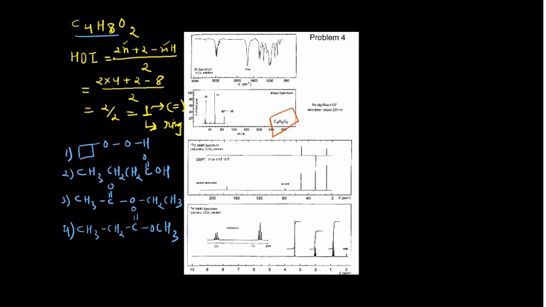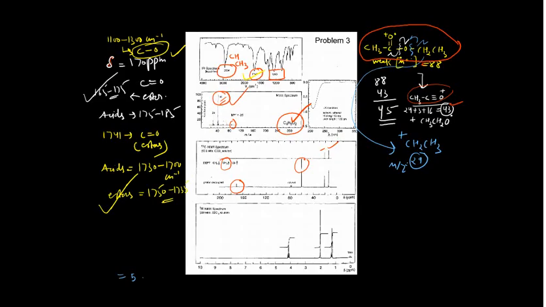So in that case you can quickly ignore one of the possibilities, because you have already solved this problem.